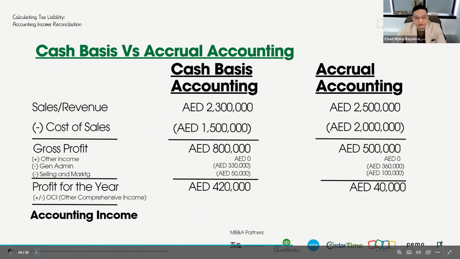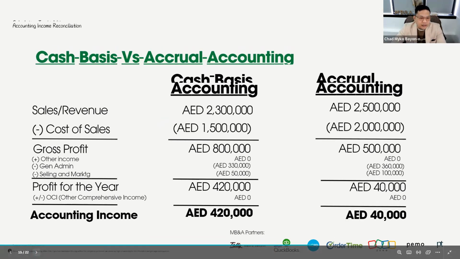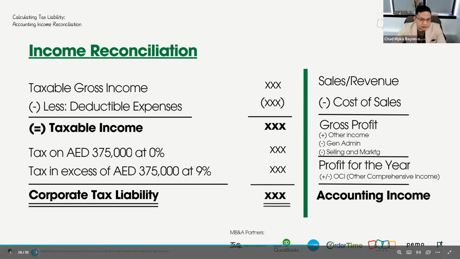So now we have the reconciliation of difference between cash basis and accrual accounting. Now let's go to income reconciliation. Technically, your accounting income as per UAE corporate tax calculation is your tax base. But when we do income reconciliation, we try to understand what those adjustments are.